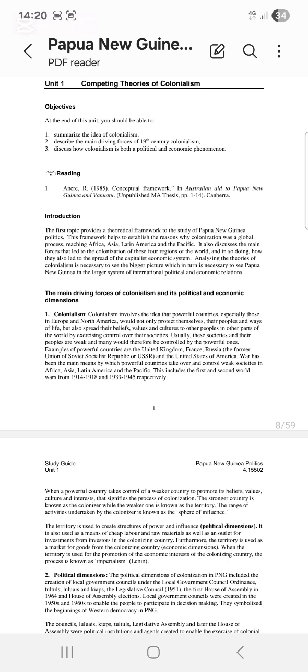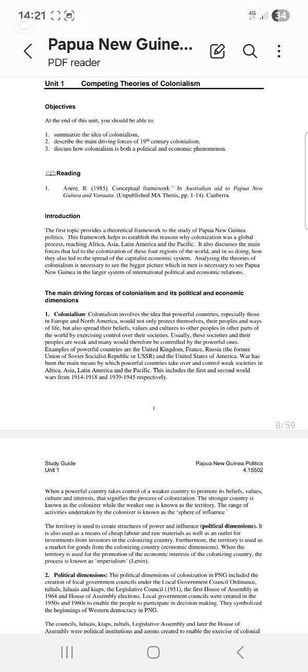Analyzing theories of colonialism is necessary to see the bigger picture. All right? So what the framework is trying to talk about can be found in paragraph 2.